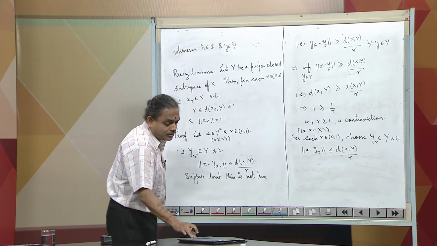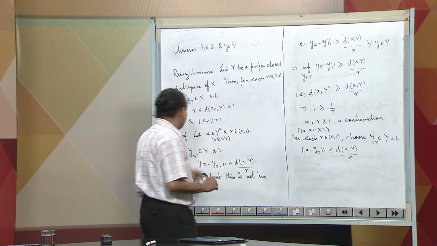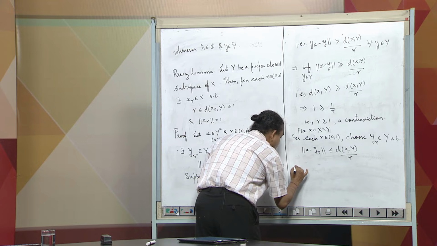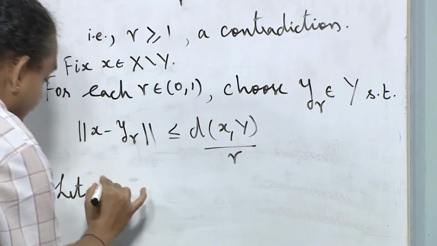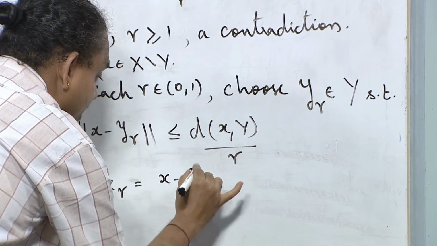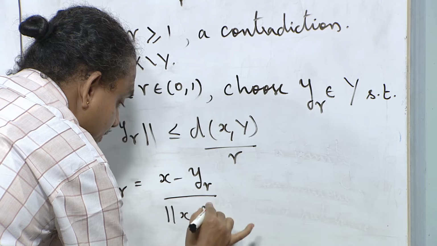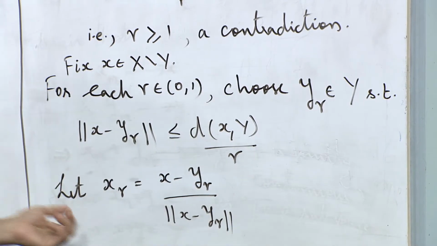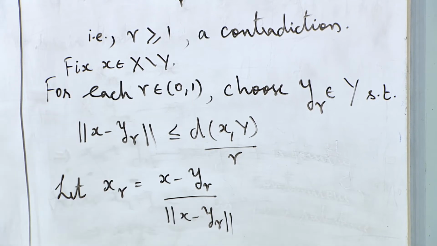Because we wanted something of norm 1, let me choose x_r, which is x minus y_r upon norm of x minus y_r. The way we have chosen x_r tells us that it has got unit norm.